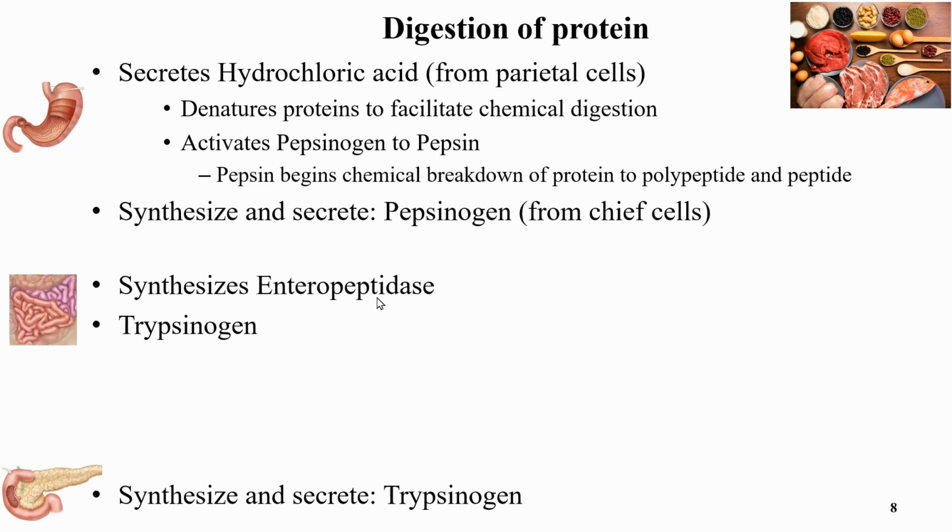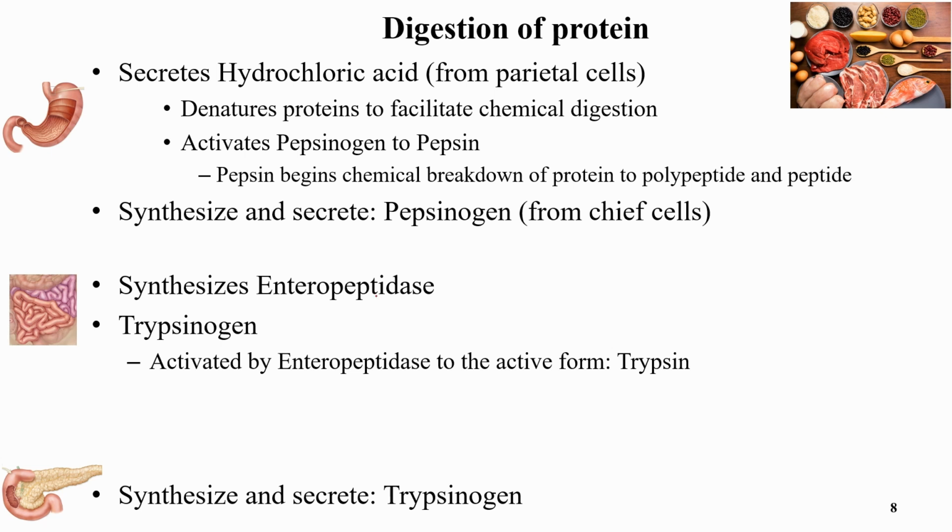And of course, the pancreatic juice helps to add trypsinogen. So it has trypsinogen in it, which once it gets into the small intestines, the enteropeptidase, which is synthesized in the small intestines, in the duodenum, will activate trypsinogen to trypsin.